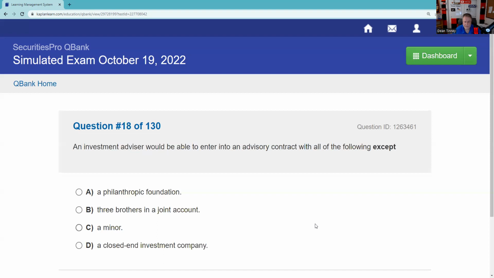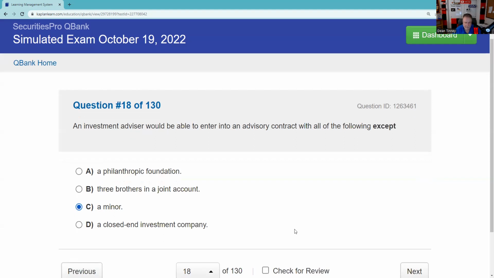An investment advisor would be able to enter into an advisory contract with all the following except. So one of these persons in this question, I'm not going to be able to do business with. A philanthropy, not a problem. 3 brothers in a joint account, not a problem. We do not open accounts for minors directly.